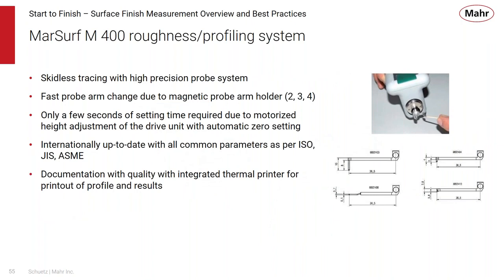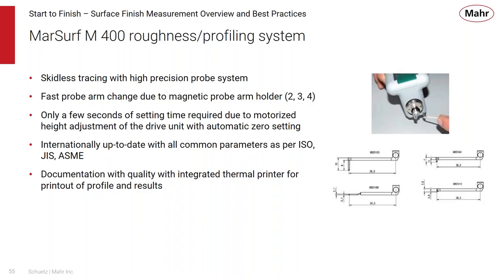So with a skidless tracing system, with a very high precision probe, that offers a fast arm change due to the magnetic breakaway probe system, we can get our probe aligned very quickly. In fact, we don't have to align it. We just have to position it above the part, and then it'll take care of itself.